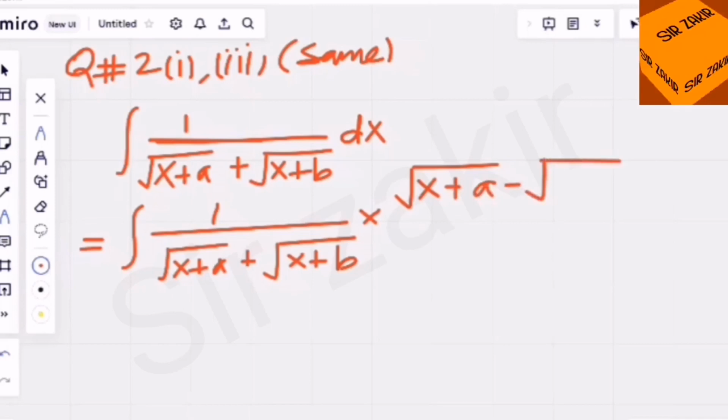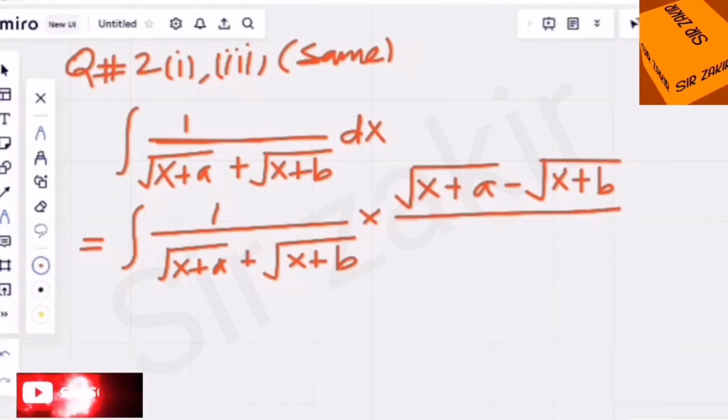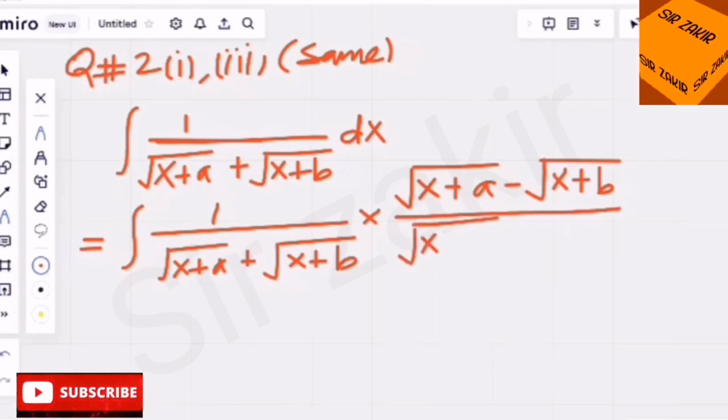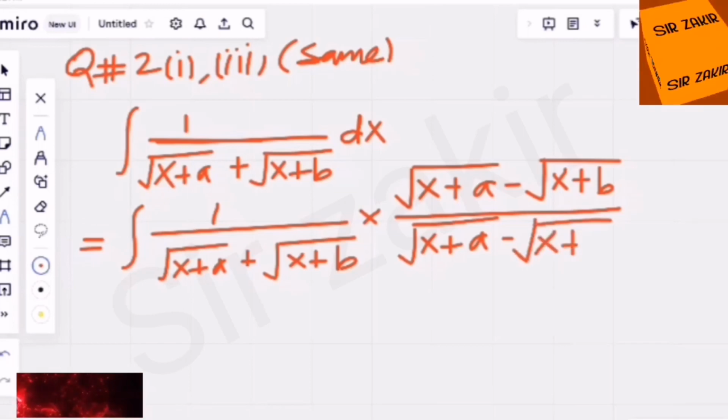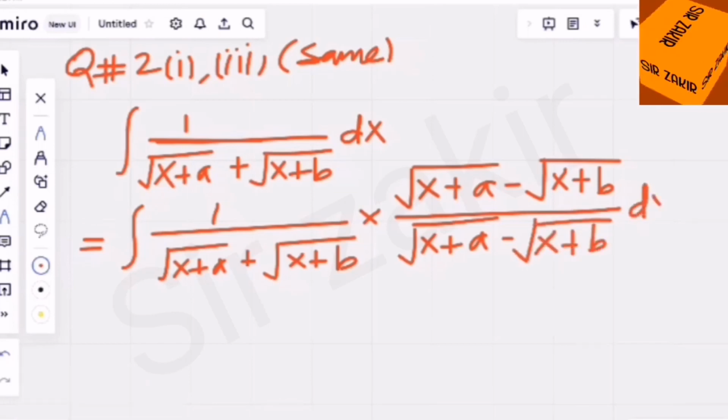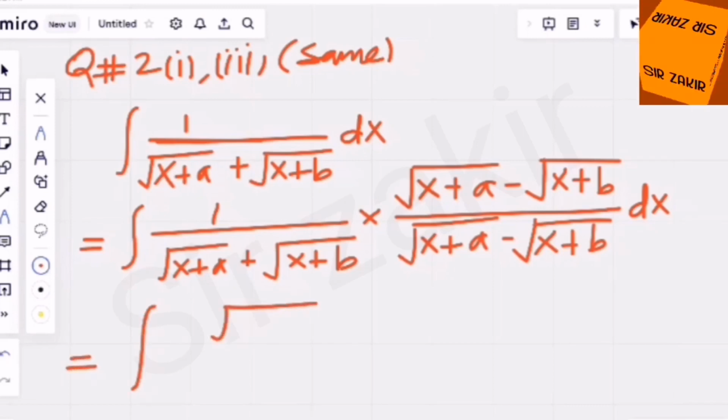It is square root of x plus a minus square root of x plus b. We multiply and divide by this quantity, dx. Then in the numerator, multiplying by 1 means the value is unchanged: square root of x plus a plus square root of x plus b.